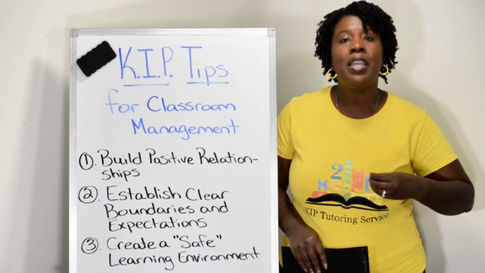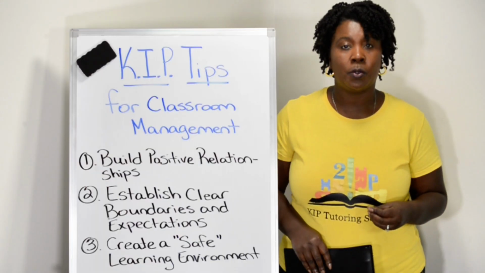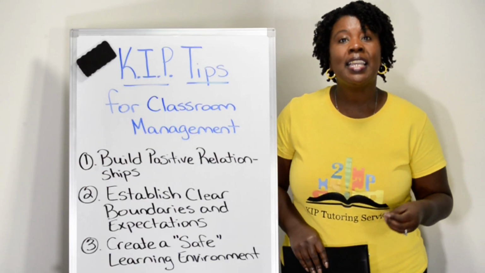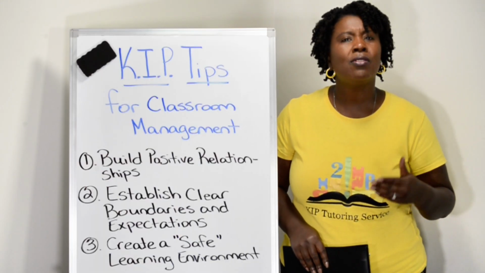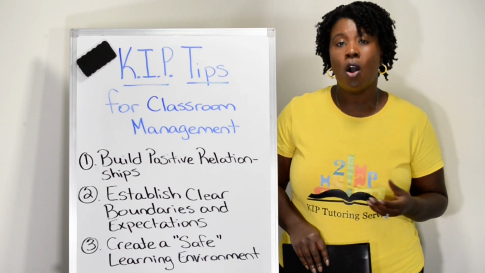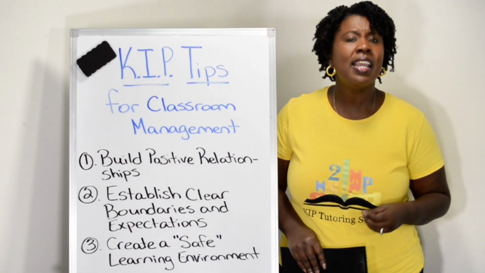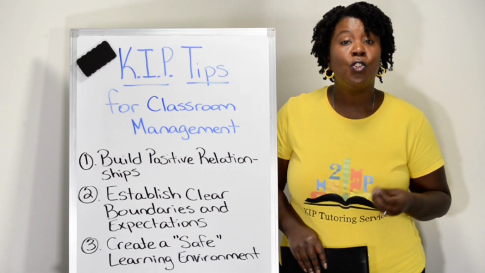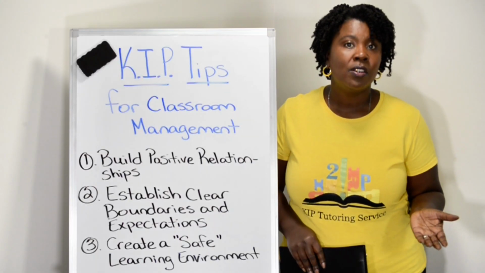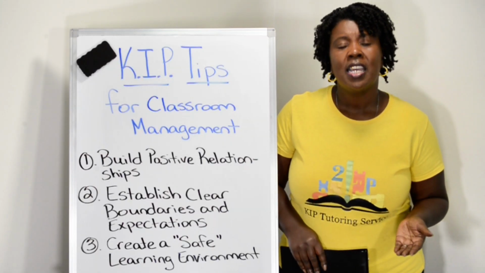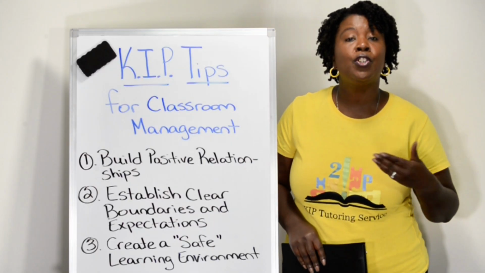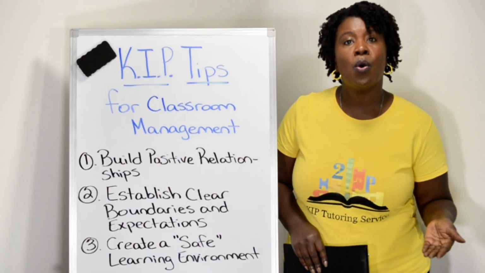So one way that we can build positive relationships with our students is by getting to know their interests outside of the classroom. Are they into arts? Are they into sports? Do they have a pet at home? Do they have siblings? These are things that we can do to get to know them better.